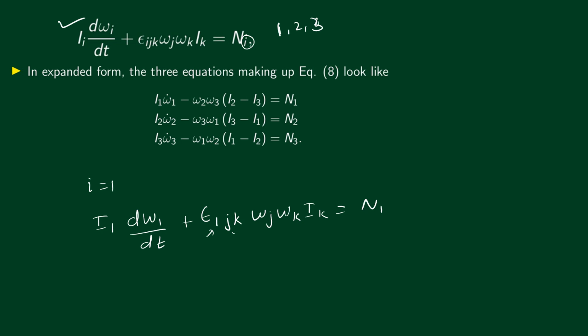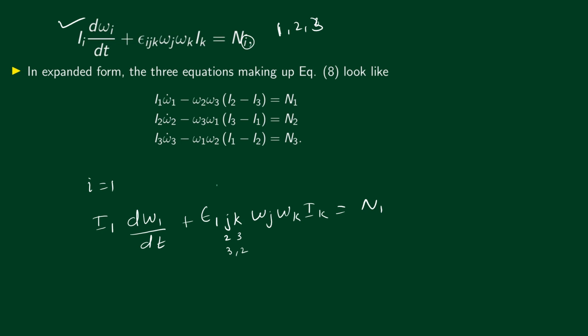But in this summation, the non-zero values would be for j equal to 2, k equal to 3 and j equal to 3, k equal to 2. These are the only terms corresponding to a non-zero value for this Levi-Civita symbol, because the first index is already fixed and the value of the Levi-Civita is 0 if any two indices are the same.